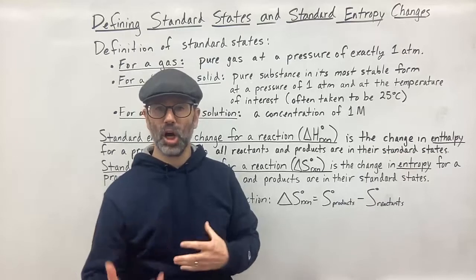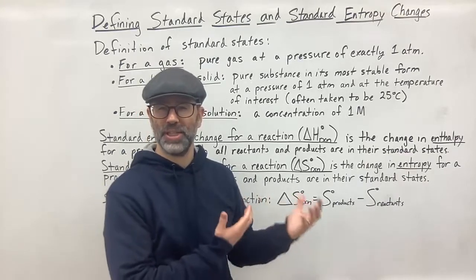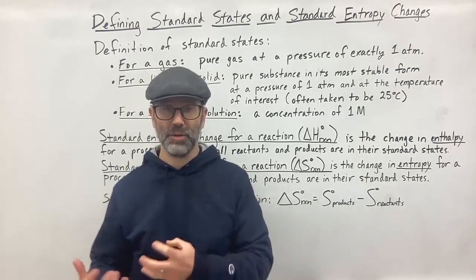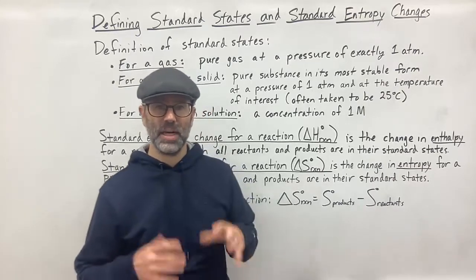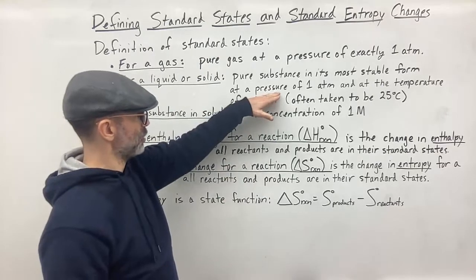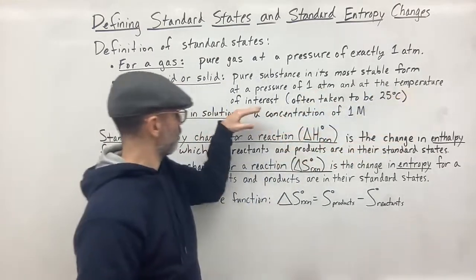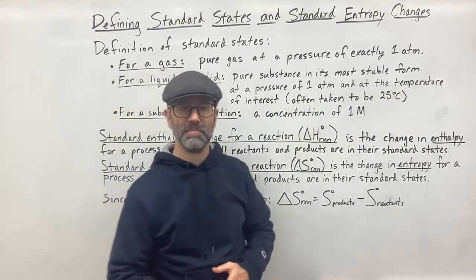So, if you have carbon as part of your reaction, then if you're using diamond, that would not be the standard state of carbon. It would have to be graphite. So that would just be an example of a substance that's in its most stable form. And again, it has to be a pressure of 1 atmosphere and at the temperature of interest, which is often taken to be 25 degrees Celsius.